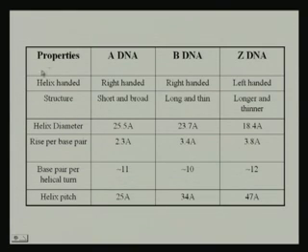When we compare the properties of these types of DNA, if we consider the B form as the standard, A form is right handed, B form is right handed helix, Z form is left handed helix, and there are very many differences in base pair, helix diameter, rise per base pair, base pairs per helical turn, helix pitch, etc. These are different in each form of DNA.